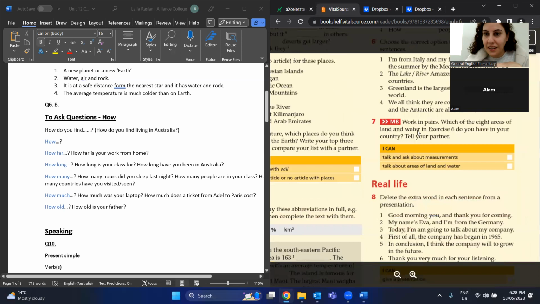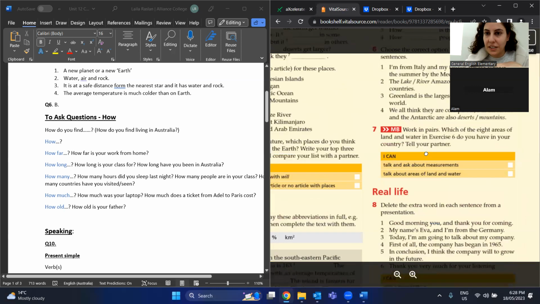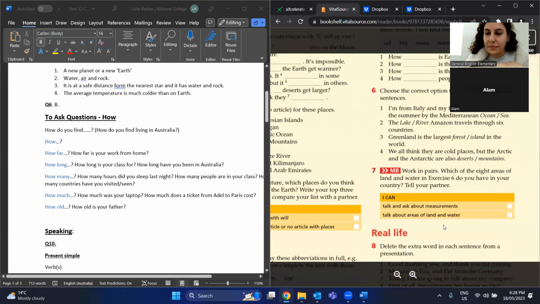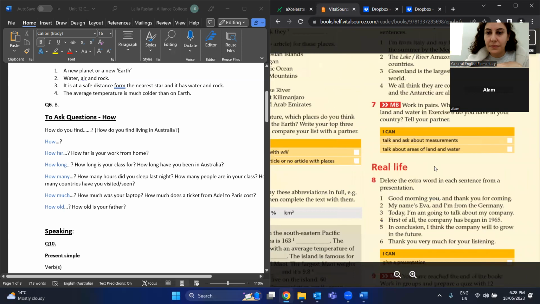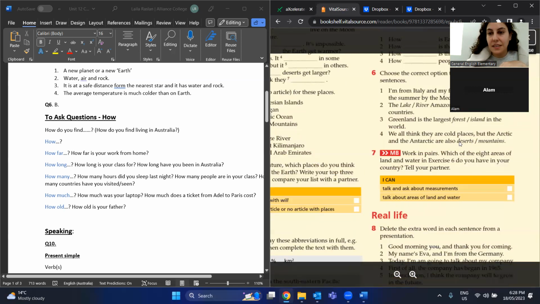Mountain. Okay, right. Which of the 8 areas of land and water do you have in your country? Desert. So we think that these places are cold because with desert, we always think hot, the Sahara Desert, right? Or in the Middle East, we always think deserts are hot places, right?